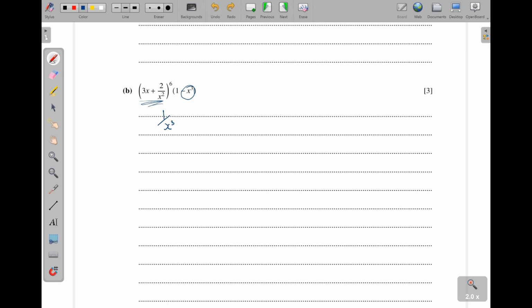You see that? So, I'm going to say the term independent of x here is going to be the term independent of x in this 3x plus 2 over x squared to the power of 6, times the one we have here.